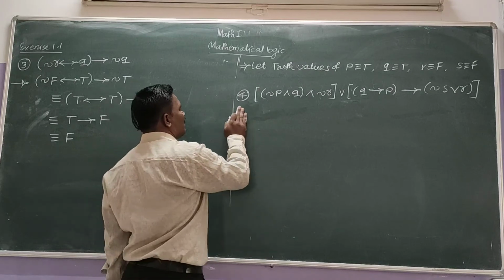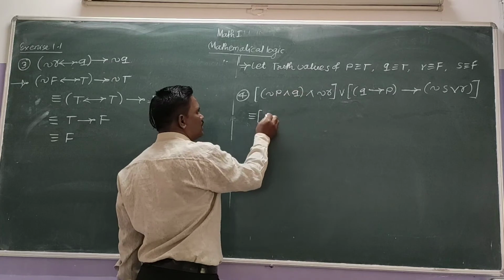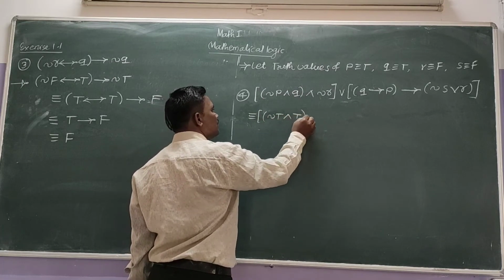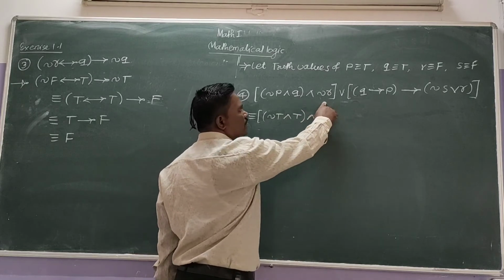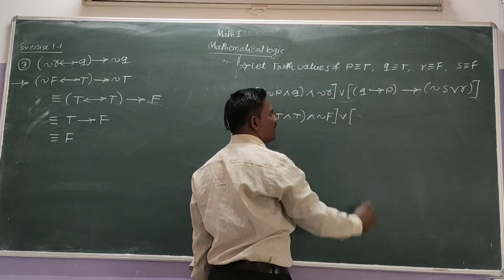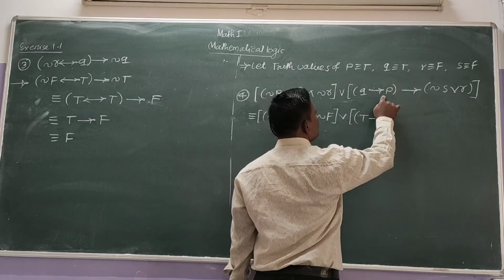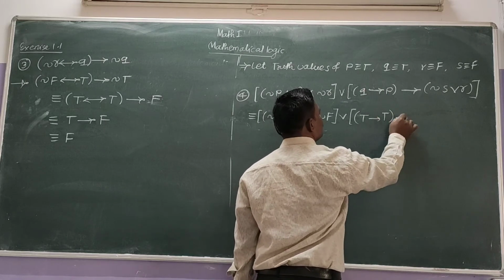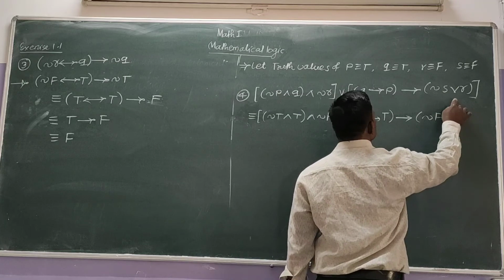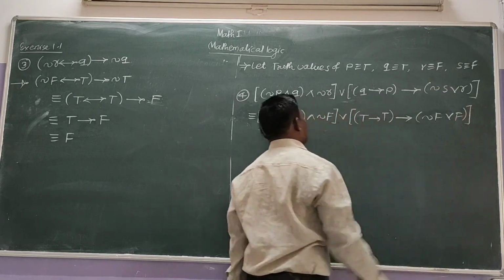In bracket negation of P, P is true, so negation of true conjunction Q, which is also true, conjunction negation of R, R is false. Bracket complete. Disjunction in another bracket Q, that is true, implies P, again true, implies negation of S, S is false, disjunction R, again false.